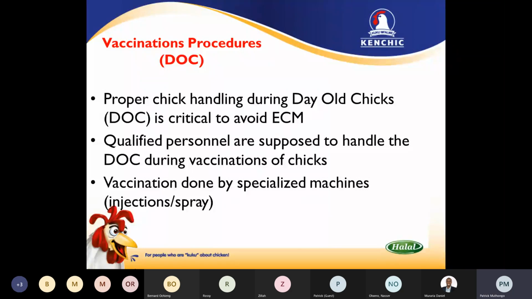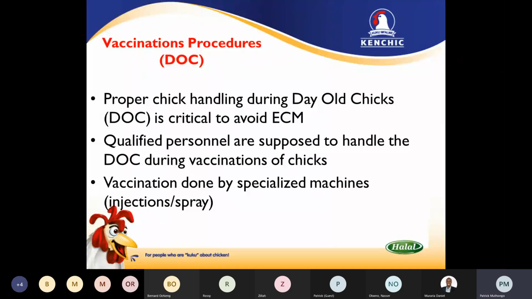A company like KENCHIC employs and trains progressively, as well as doing numerous assessments, showing the guys at the hatchery how to do the day-old vaccinations. Thus, we can guarantee you that chicks delivered from KENCHIC have been vaccinated by qualified personnel, na huyo kifaranga was handled appropriately to avoid bringing issues into the farm.